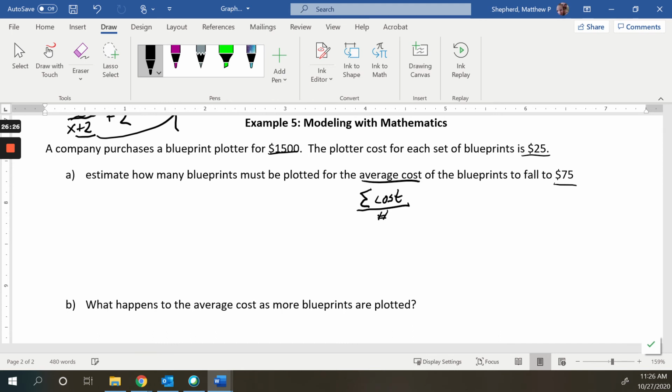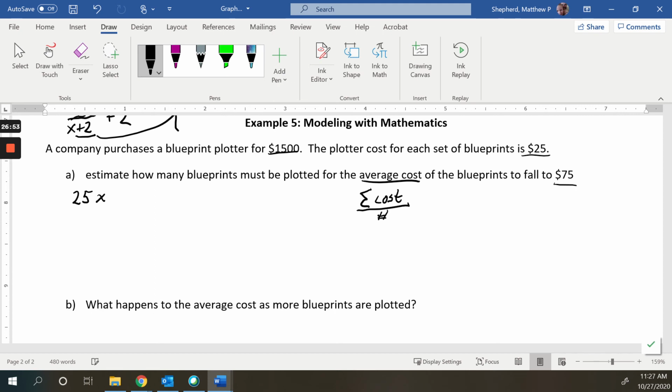Now, the more of these we print, even though the cost is going up, the cost is being spread out among more blueprints. So the average should fall. So let's go ahead and write an equation for this. We pay $25 for each blueprint, X. So if it's one blueprint, then X is 1.